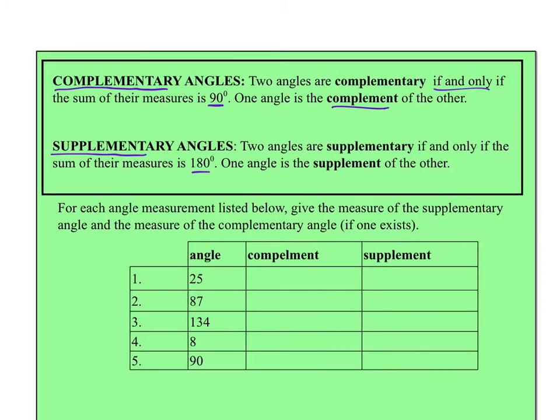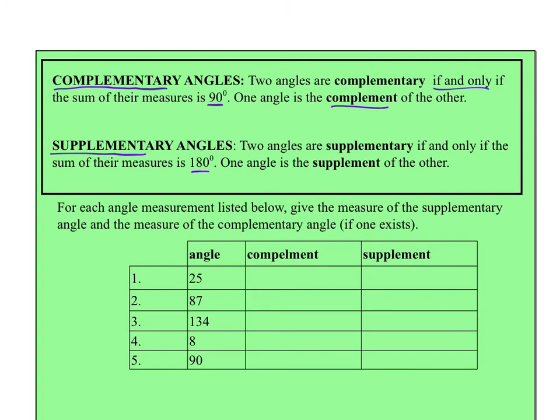Now notice how this is spelled. This is not the complementary that you might be used to. Complementary is when you say something nice. It's not that. We're not saying something nice about the angles.